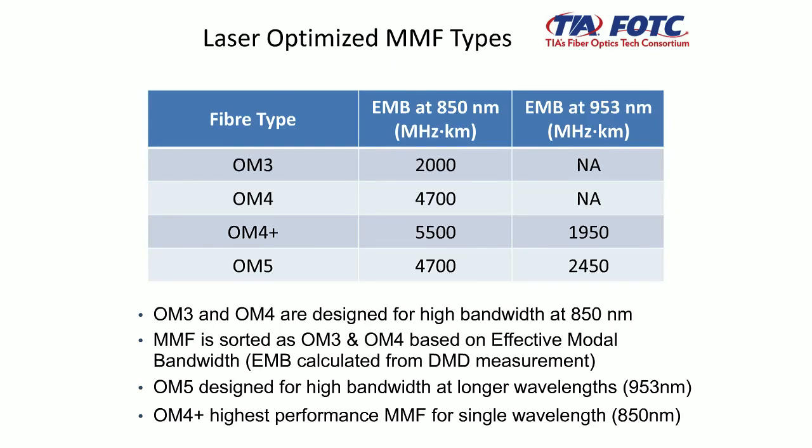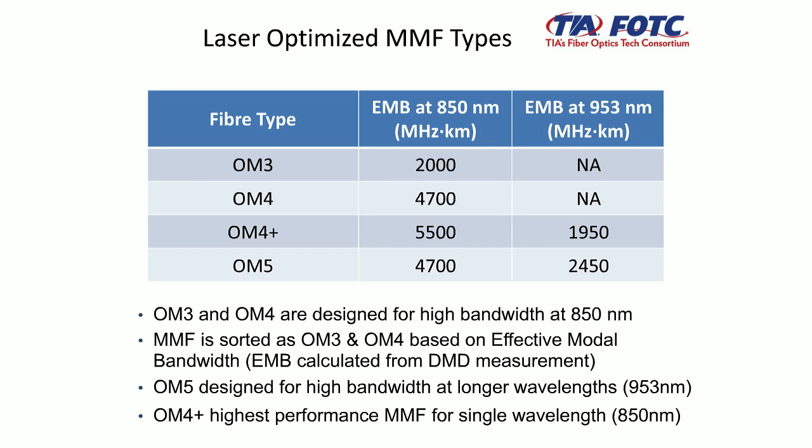So in terms of grading these different fiber types, the definition within the sectional specifications for the fiber talks to a gradation in the EMB, the bandwidth of the fiber at 850.